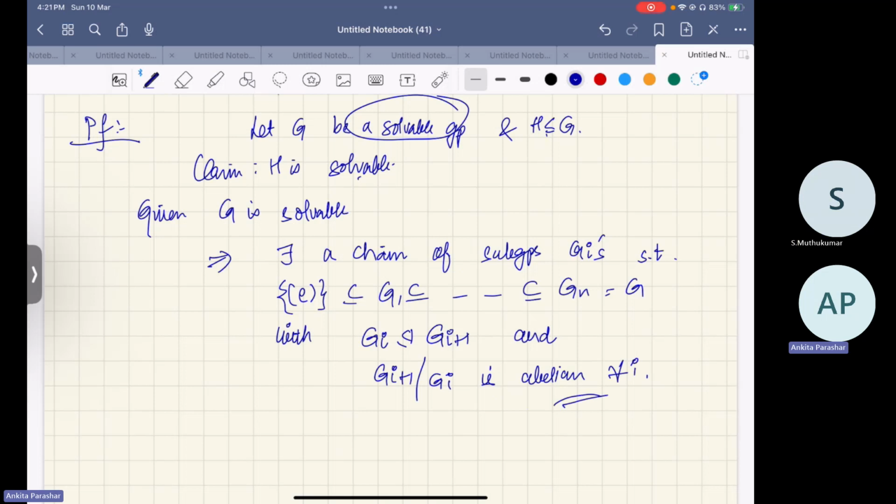All right. Now, given the facts about G, we want everything about H. Can you modify this chain? Simply, you have to modify this chain in order to get a chain for H. And that's very easy. Okay, given G, how to get H?